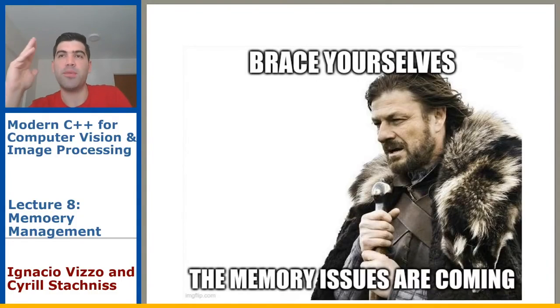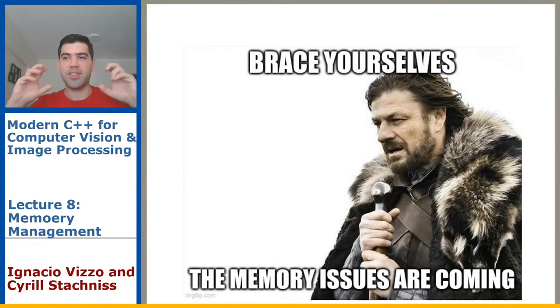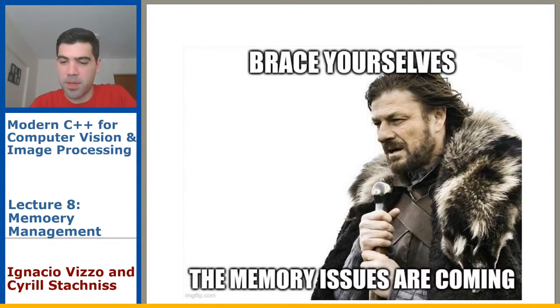So if you have a function foo, and you want to pass a variable to this function, in C you don't have objects, and you don't want to copy this variable, then you need to pass a pointer to it, because you need to say the reference is here, at this particular address of memory.